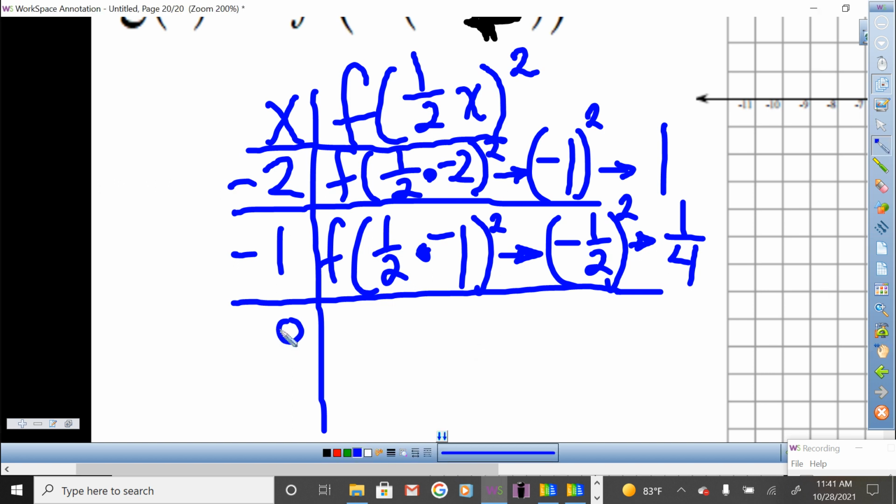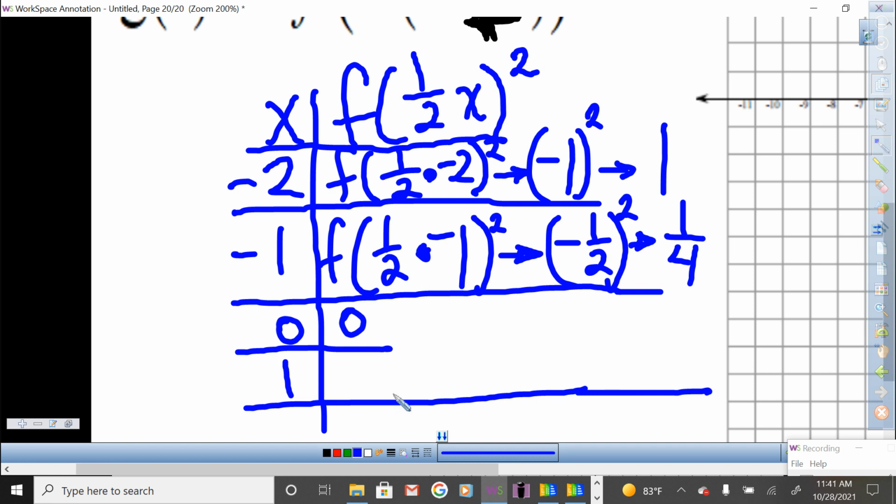Of course, the next one is 0, 0. Next one is 1. Got f of 1/2 times 1 squared. What is half of 1? 1/2.